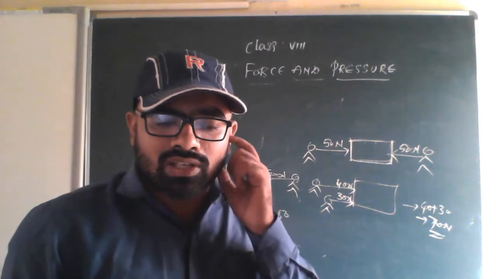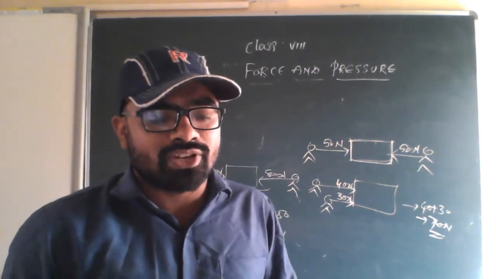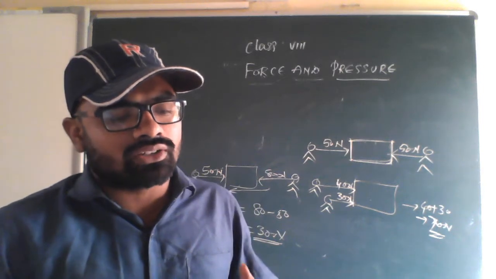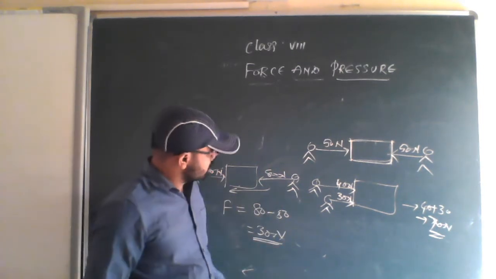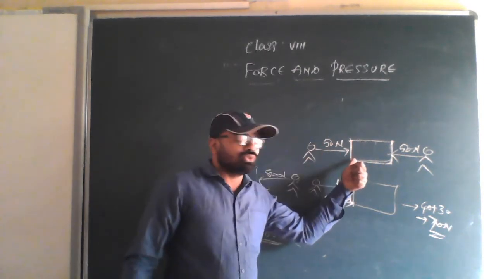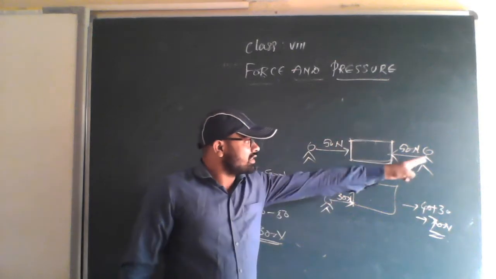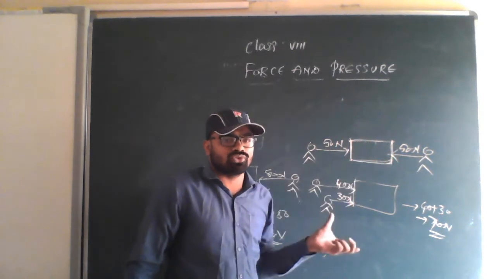Here is one question: does it mean that the net force on an object is zero if the two forces acting on it in opposite directions are equal? Yes. One person is applying 50 Newton and another person is also applying 50 Newton on this, exactly in opposite directions.